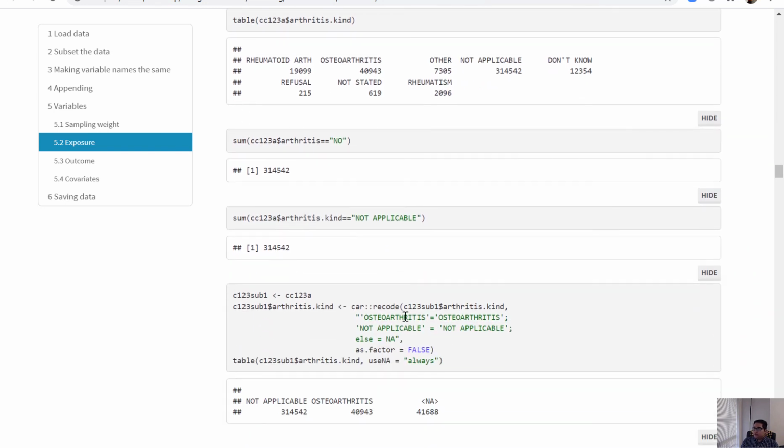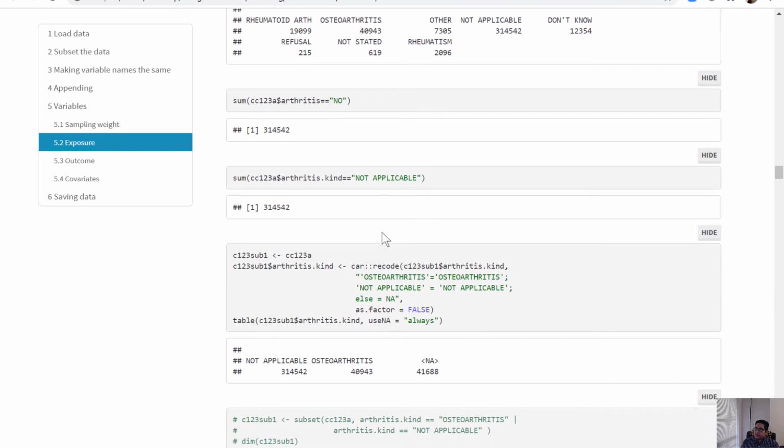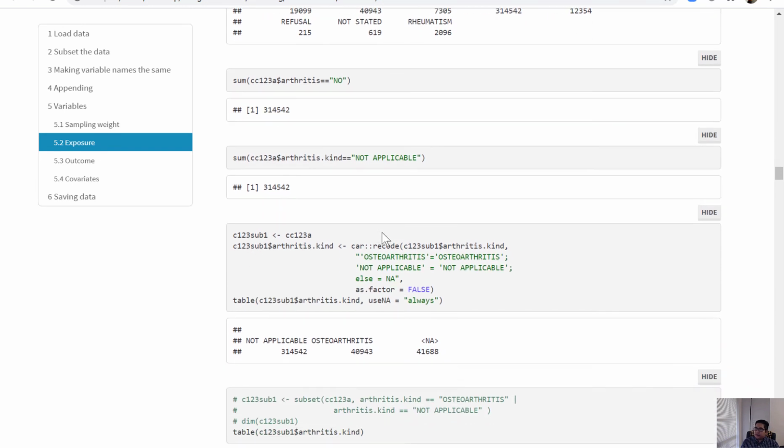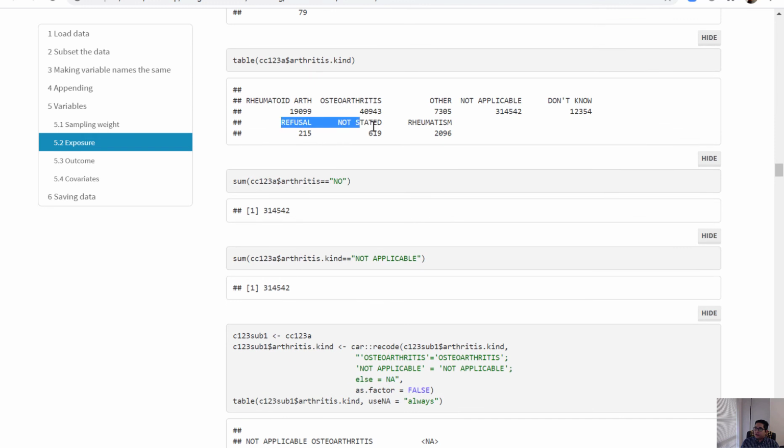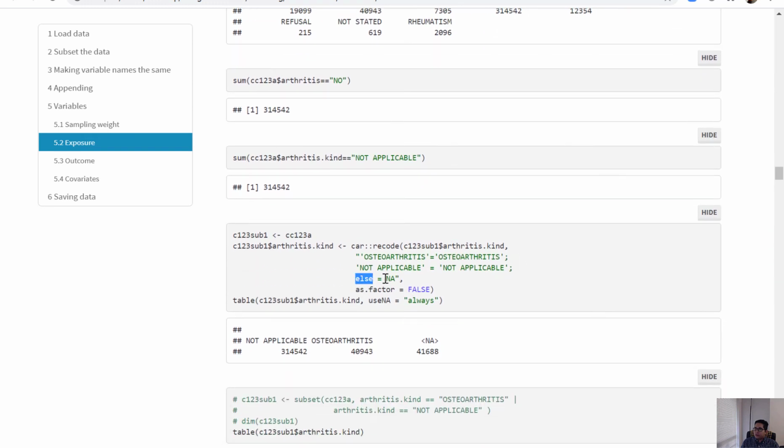All right, so now that we know this, it is very easy for us to recode the variable in such a way that osteoarthritis is osteoarthritis, and not applicable is not applicable, because these are basically the "no, I do not have arthritis" responses. Everything else, all of the refusal, not stated, and don't know, put them in the else category.